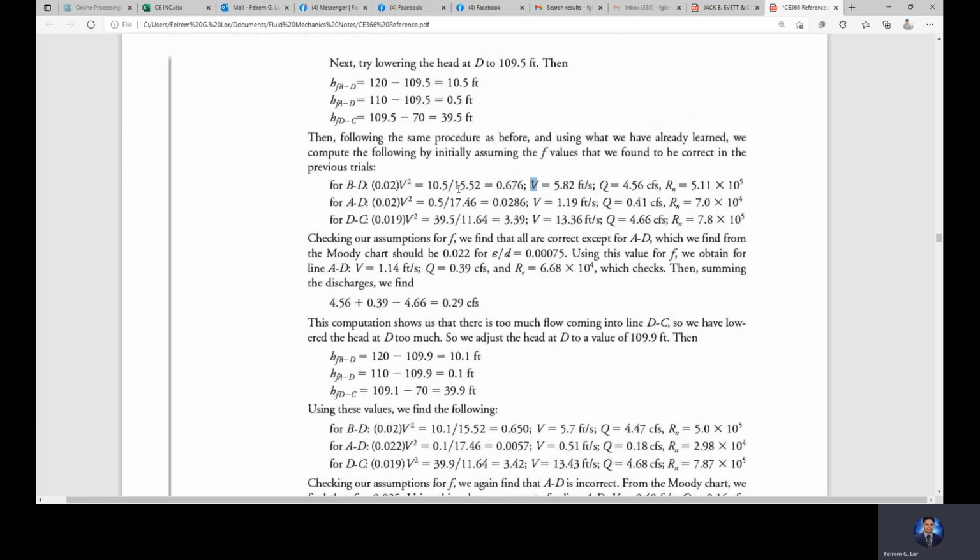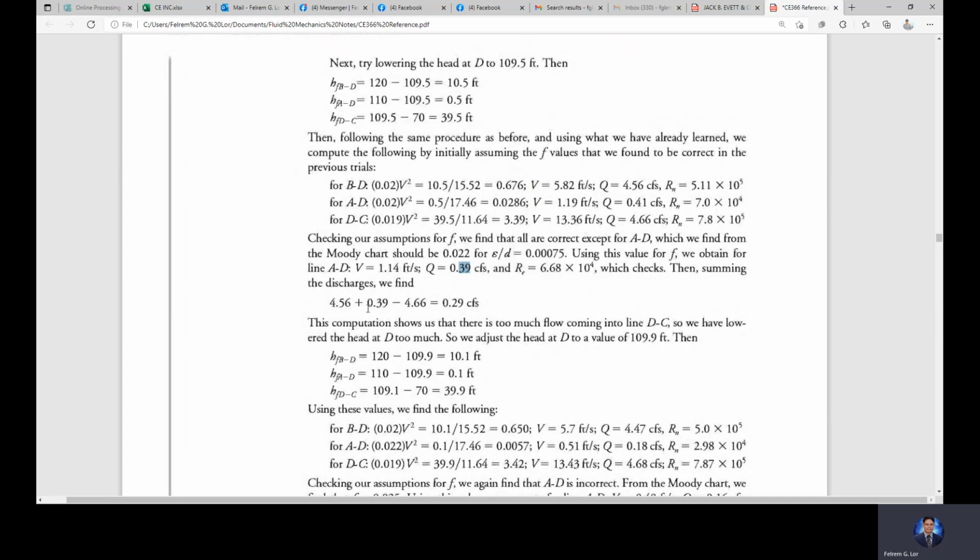In this case, the book only plotted the final one so that it won't be confusing. And then, to check the assumptions, as I've said, based on that, using the value for F, we obtain for ED, Q, 0.39.